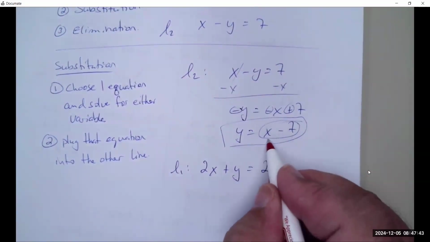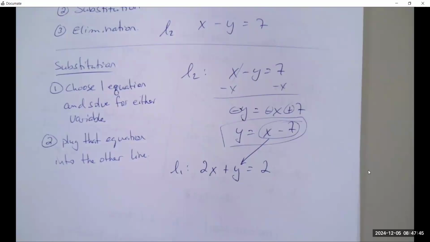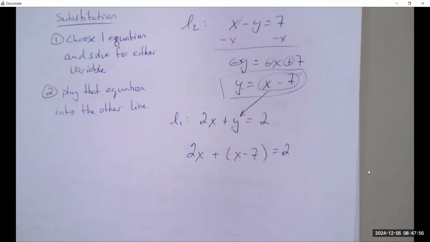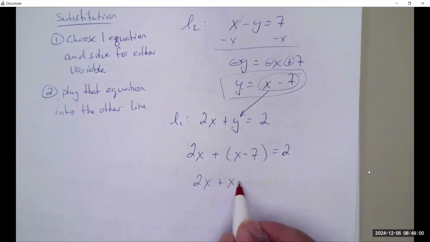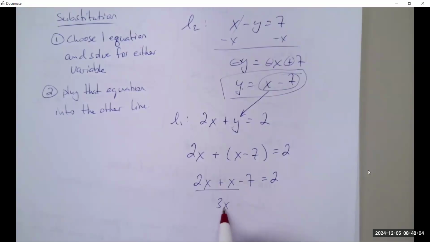Anywhere I see a y, I put an x minus 7 in it. So I have 2x, I don't need the parentheses. Combine like terms, 3x minus 7 equals 2.